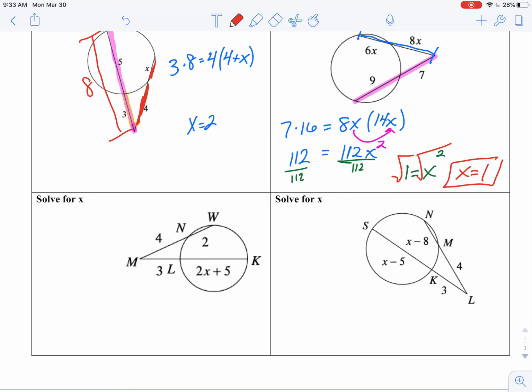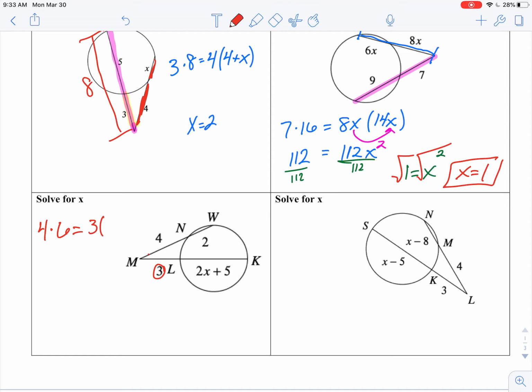All right, why don't you guys try just setting up your first step, outside times the whole thing on these next two, and then unpause the video and let me know how it goes. So here we've got 4 on the outside times the whole thing. And the whole segment here is 4 plus 2 is 6.